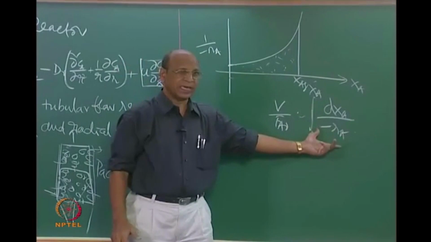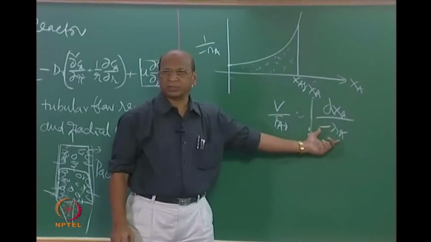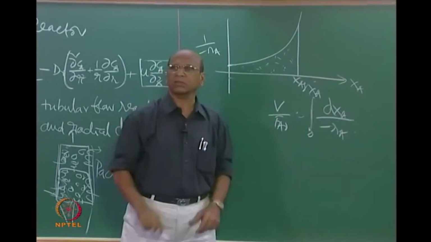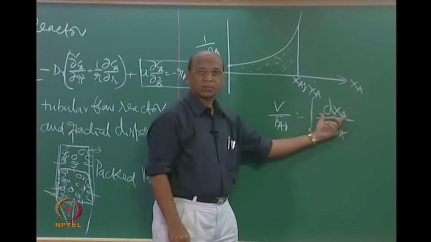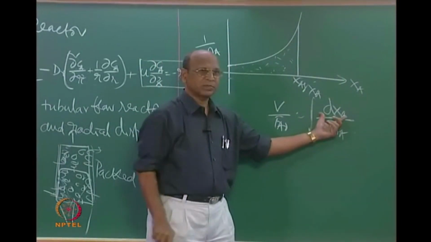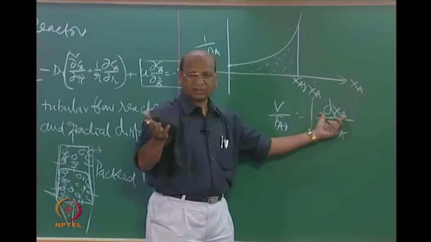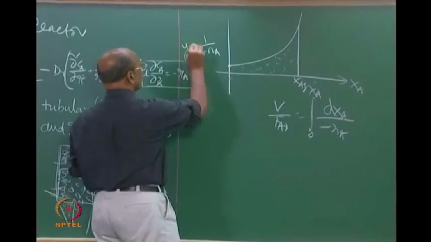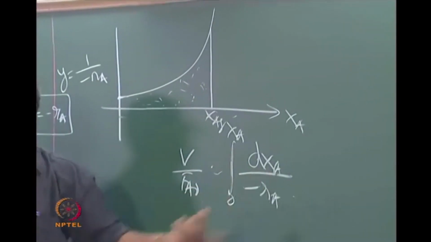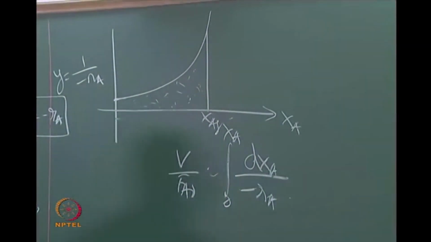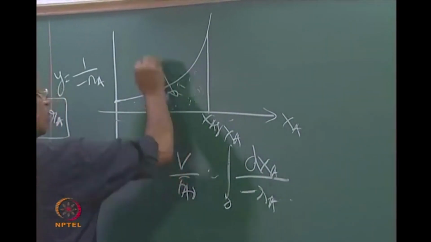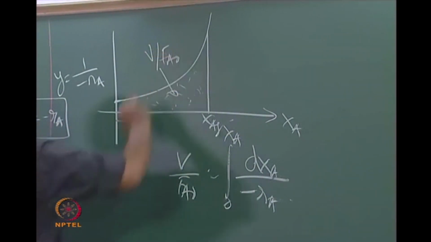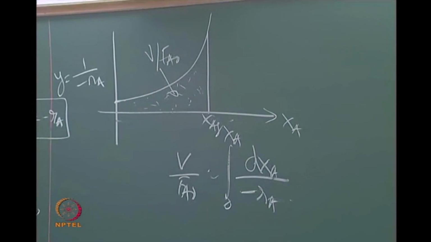But here we are using it: integral y dx is area. This 1 by minus RA is y for me, so it simply becomes y dx. That is the area under the curve, and this will give me V by F A naught.